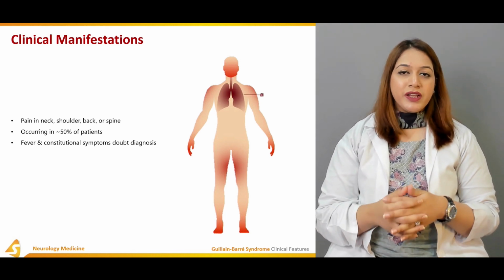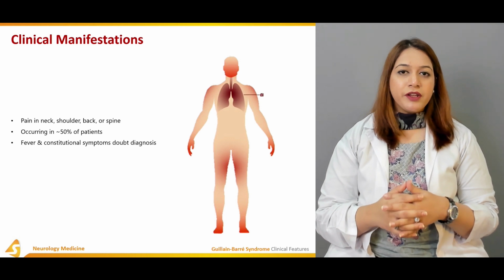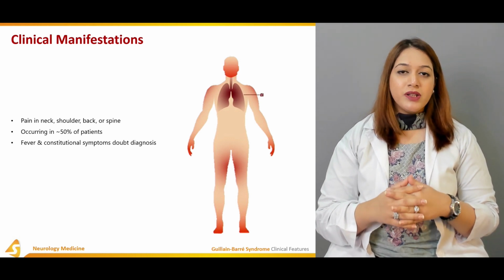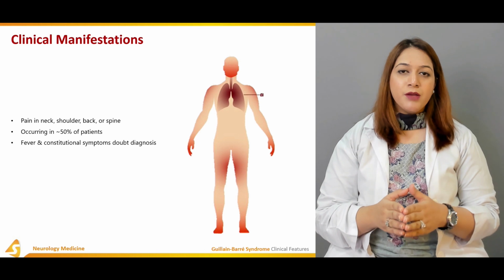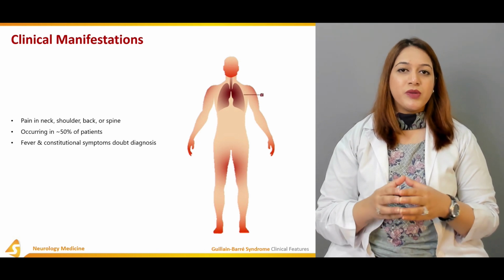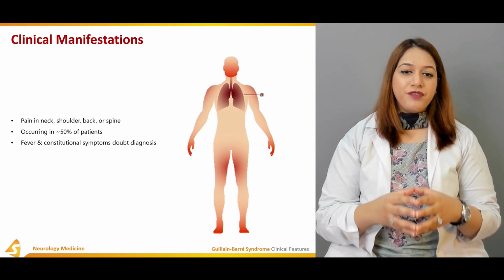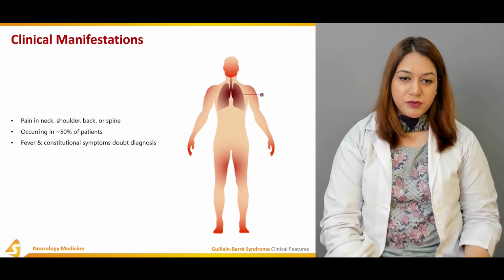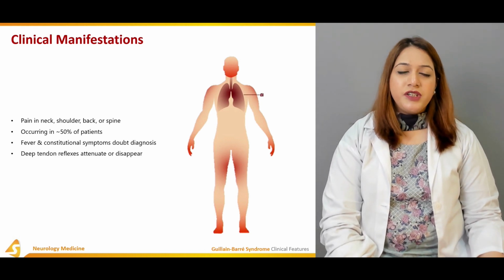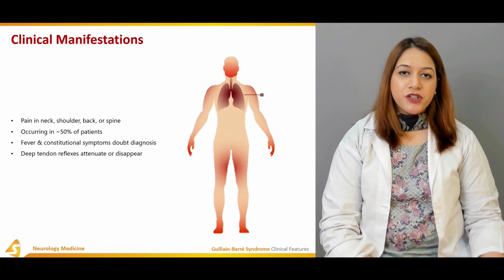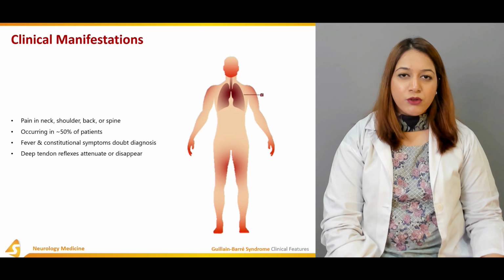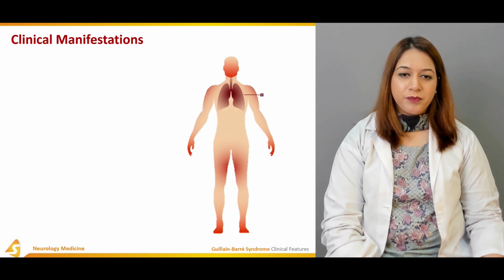If we find that the patient is also complaining of these symptoms, we will doubt the diagnosis, because a GB syndrome patient will never present with fever and all these constitutional symptoms. Deep tendon reflexes usually attenuate or disappear in case of GB syndrome if there is lower motor neuron involvement.